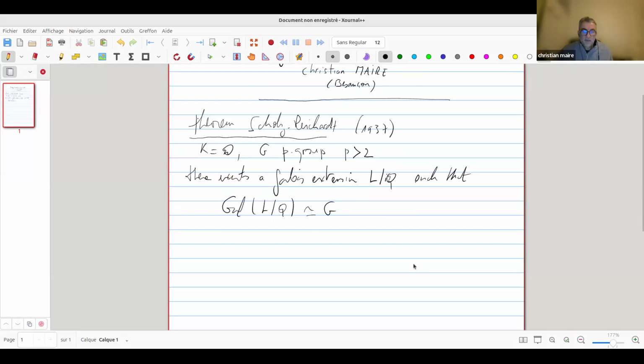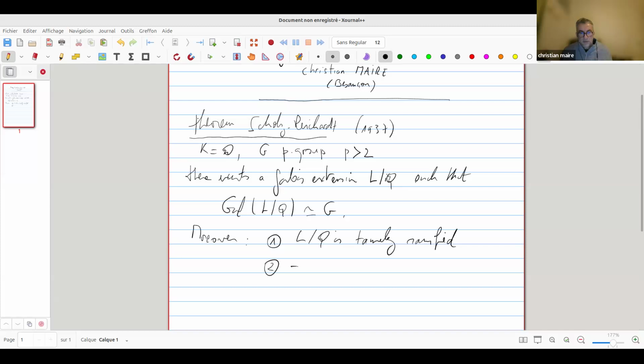Moreover, if we follow the proof of Scholz-Reichardt, we have some extra information. First, we can guarantee that the extension L over Q is tamely ramified. The second thing is that we have some information about the set of ramification.